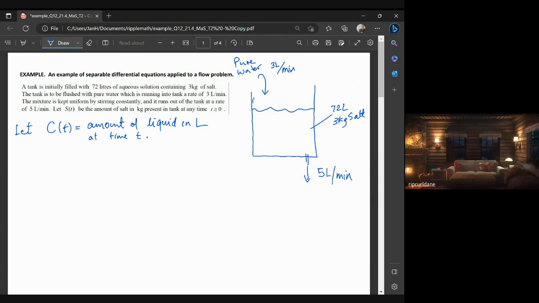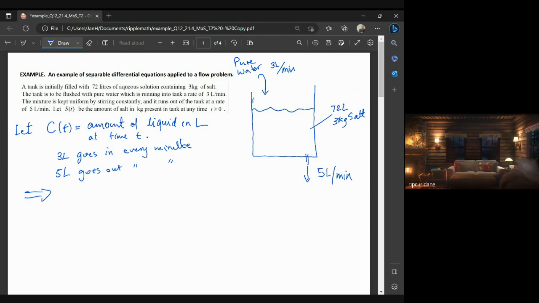Now, as we've talked about this already, let's get this one out of the way. 3 liters goes in every minute. 5 liters goes out every minute.